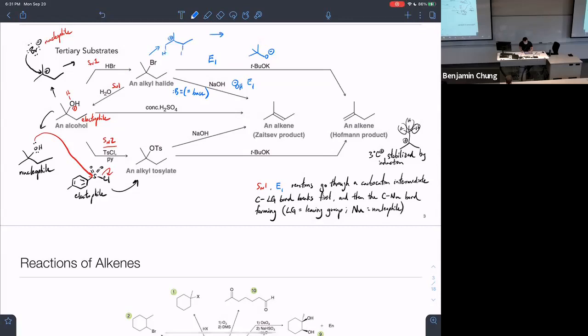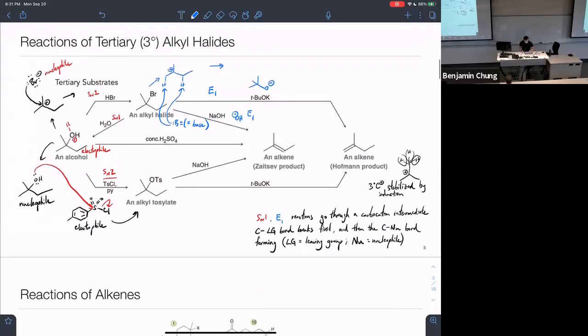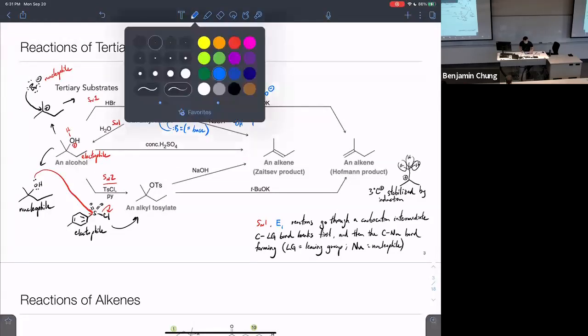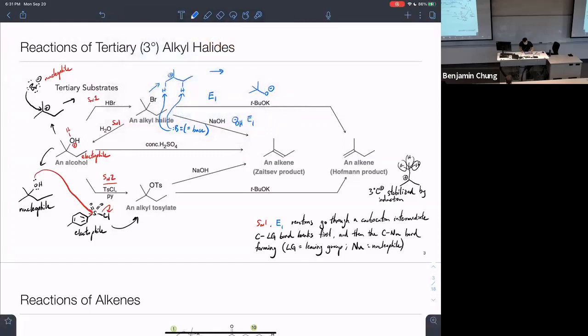And then we have abstraction by the base either there or there. So this is like a primary CH, more accessible. This is like a secondary CH, less accessible.